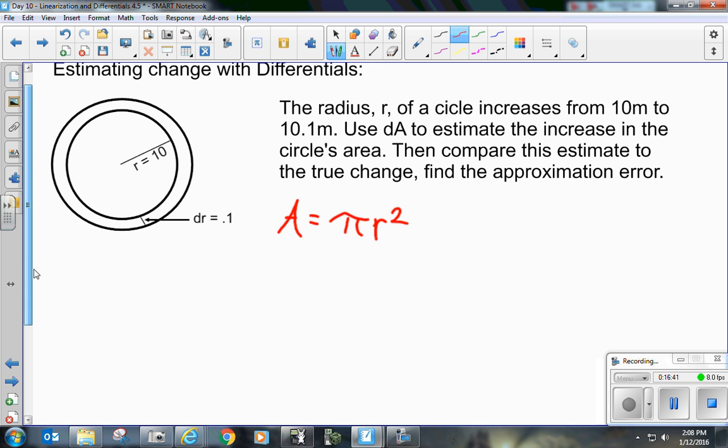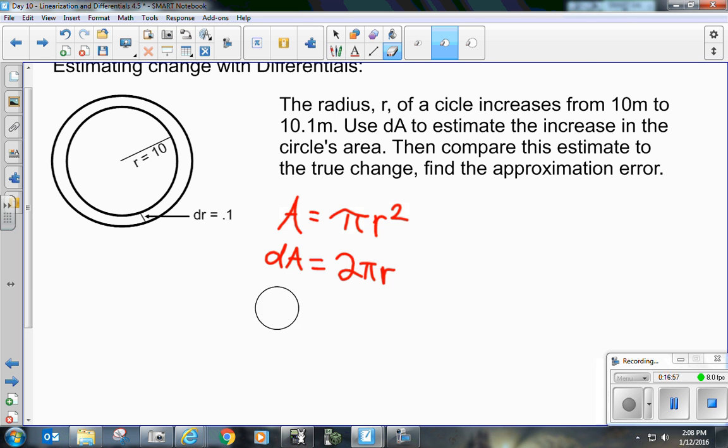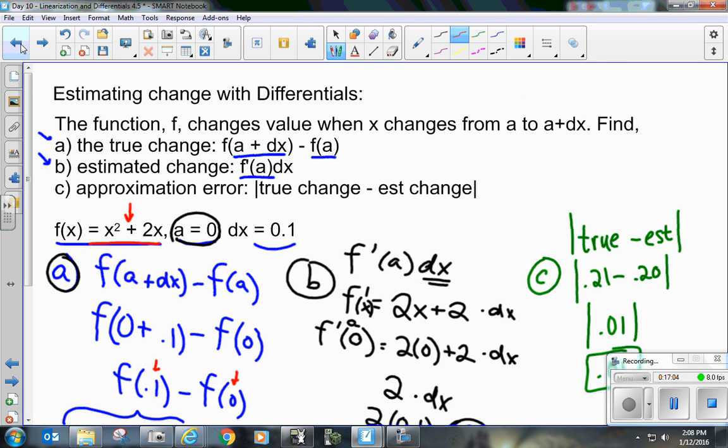Area is pi r squared. So what is the derivative of area? 2 pi r. Okay? But now, we're using differentials, right? If we're going to take the estimation, don't we need to multiply it times dx? Yeah, our estimation.